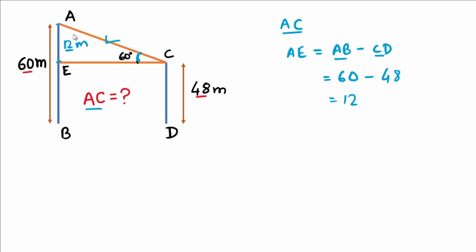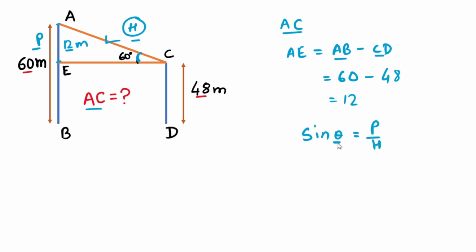Now for the angle C, AE is the perpendicular and AC is the hypotenuse. We have to calculate the value of the hypotenuse. To relate perpendicular and hypotenuse, we take sine theta. Sine theta is perpendicular divided by hypotenuse.